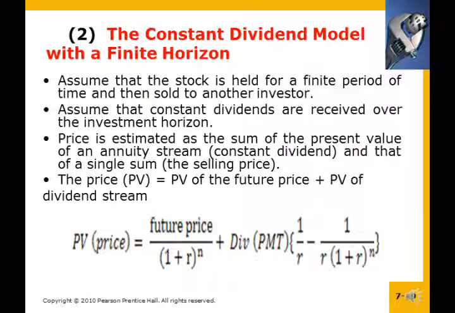Assume that the stock is held for a finite period of time and then sold to another investor. Assume that constant dividends are received over the investment horizon. Price is estimated as the sum of the present value of an annuity and of a single sum.